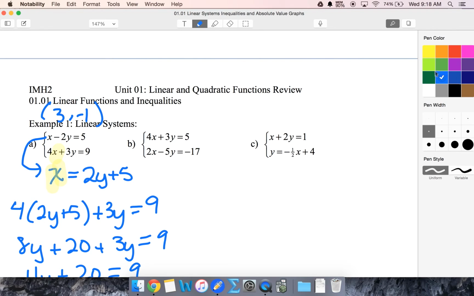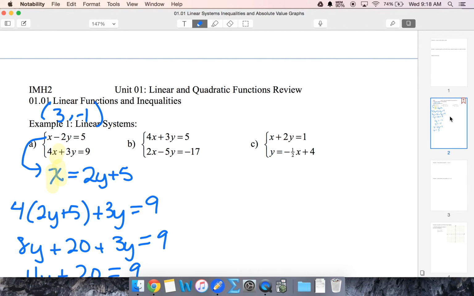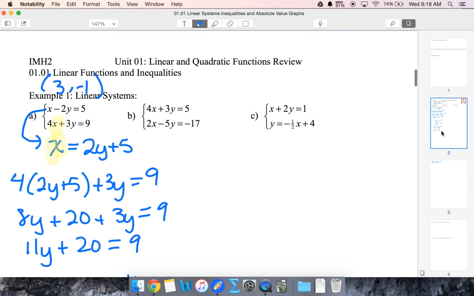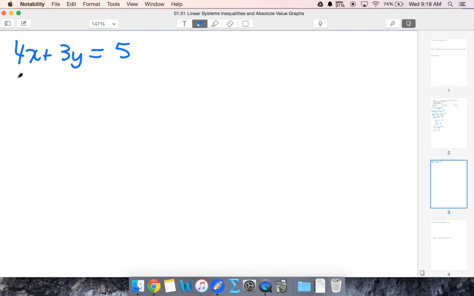So I'm going to give myself some more space, add in another page. So our two equations, 4x plus 3y equals 5, and then we also had 2x minus 5y is negative 17.